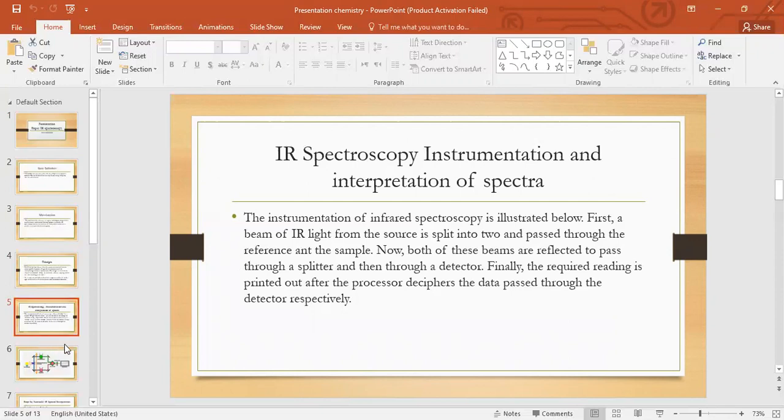Both of these beams are reflected to pass through a splitter and then through a detector. Finally, the required reading is printed out after the processor deciphers the data passed through the detector, and the reading is drawn on a graph and the graph is interpreted.